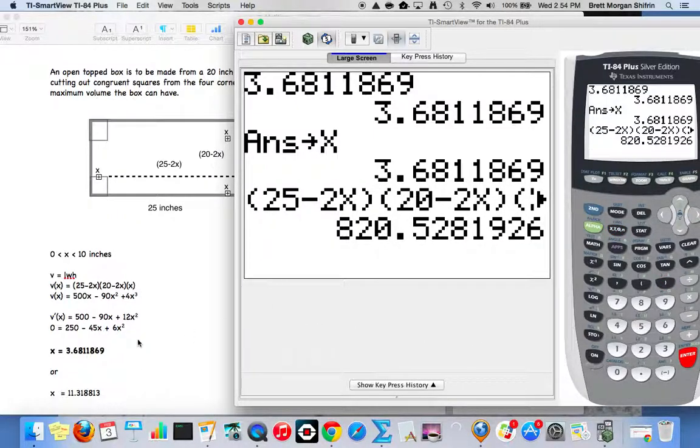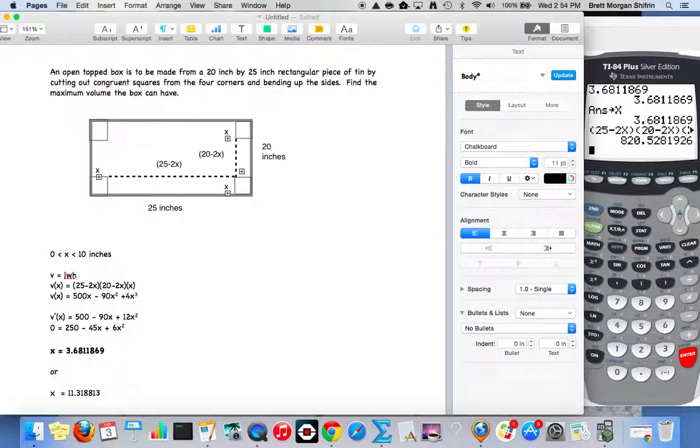And we find out that the volume at 3.6811869 is equal to 820.53 cubic inches.